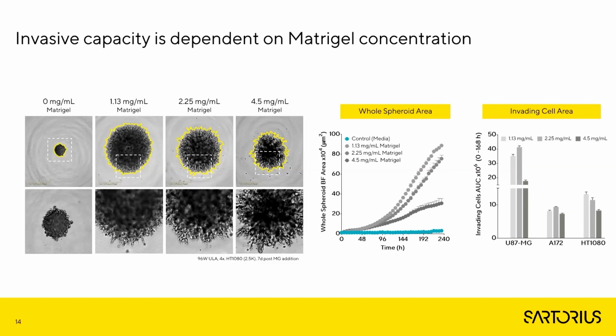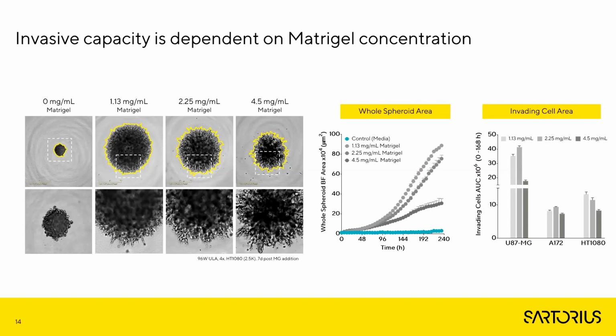So now looking across 3 cell types, we can observe a bell-shaped relationship between the ECM concentration and invasive potential of U87s and the A172 spheroids, with the greatest invading cell area attained at the 2.5 or 2.25 mg per mil test concentration.